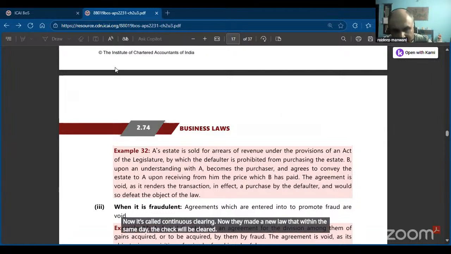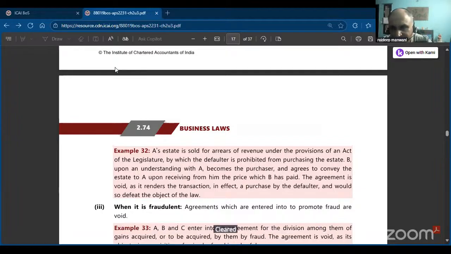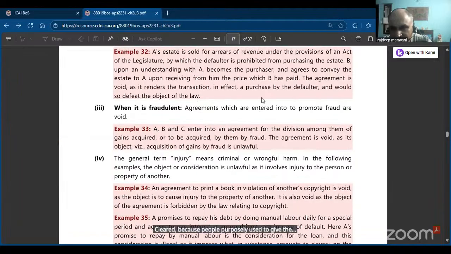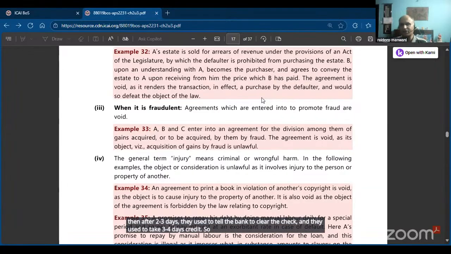Because people purposely used to give the check and keep less funds, and then after 2-3 days they used to tell the bank to clear the check, and they used to take 3-4 days credit. So now to prevent that, the spirit of the law is to make dealings transparent so that immediate clearance takes place. That's the spirit of the law. Right. Okay.